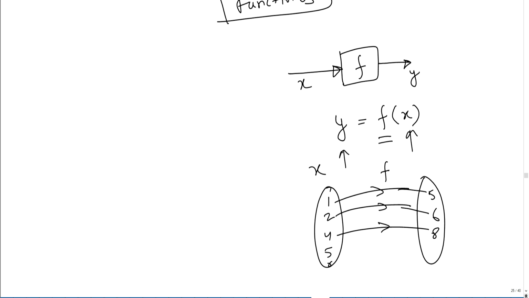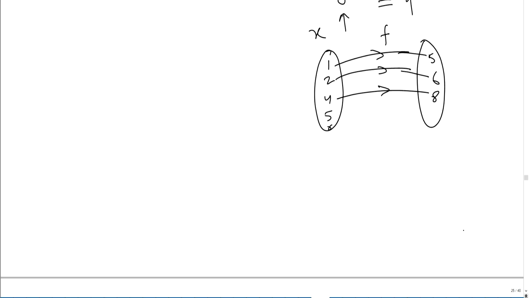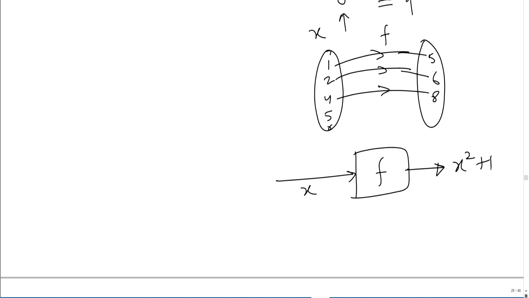But what exactly is a function? Let us take some examples. Let's say you have a function f which takes an input x and gives you the output x square plus 1.